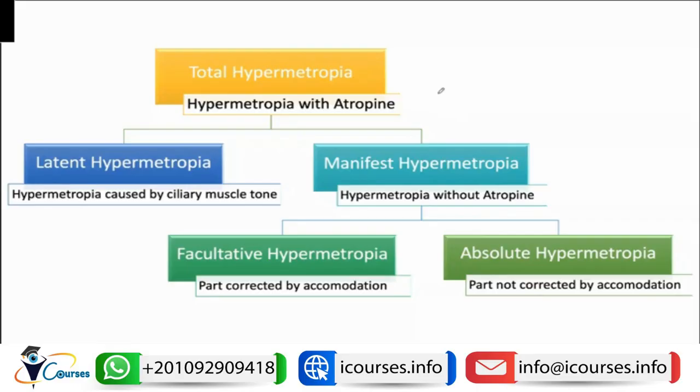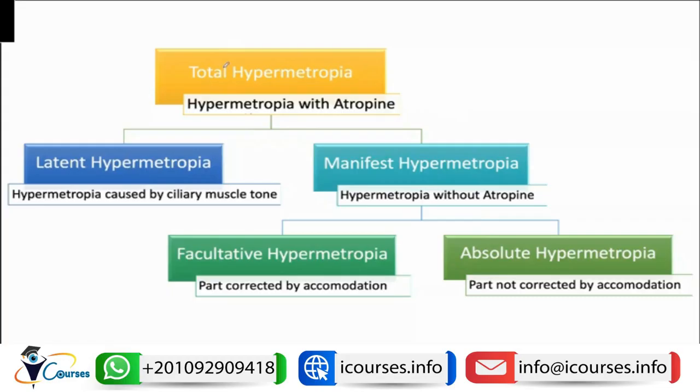Since the lens is now flat, with no contraction or pressure exerted by the ciliary muscle over it, it will reveal all the hypermetropia. This is termed the total hypermetropia, which is the hypermetropia with atropine. So if we want to know the full refractive error that the patient has, we put in a cycloplegic eye drop, which is called atropine.